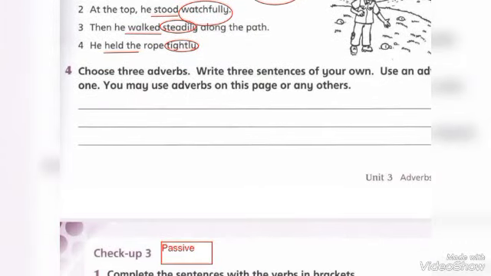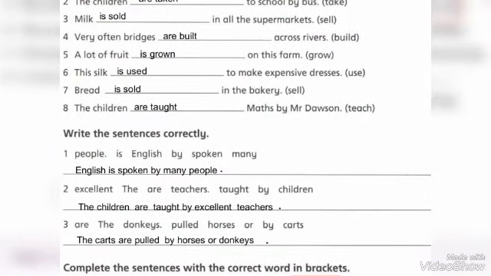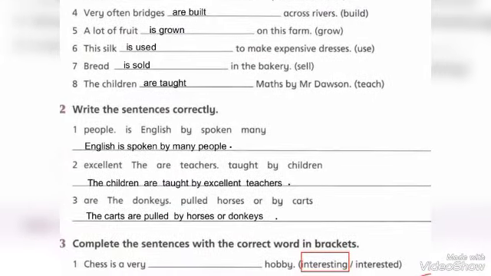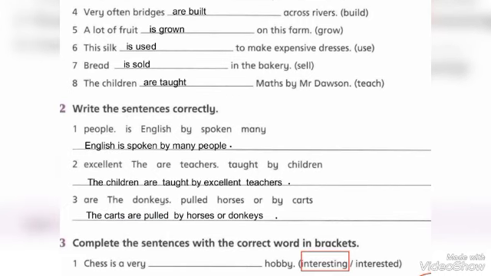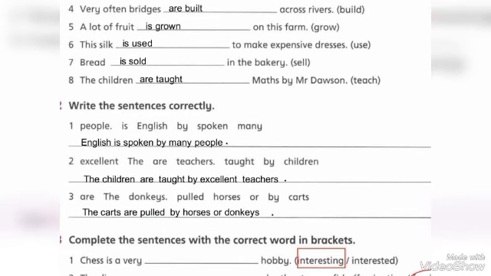Here, this page is very important. All of this page is very important because it has so many important questions. These toys are made of wood. We change the verb between brackets to verb 3 by adding are or is according to the object, if it is singular or plural. Here we take ing with the adjectives or ed according to the thing that is described.